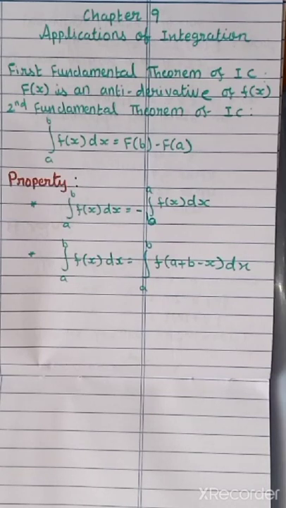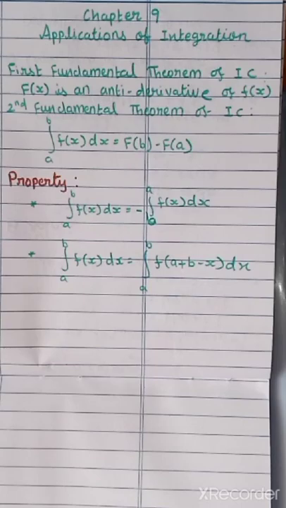Now, the second fundamental theorem. Again the same f of x, one continuous function we are taking on a closed interval. Let f of x be a continuous function defined on the closed interval [a, b], and capital F of x is an antiderivative of f of x. So we are taking one capital F of x and one small f of x.